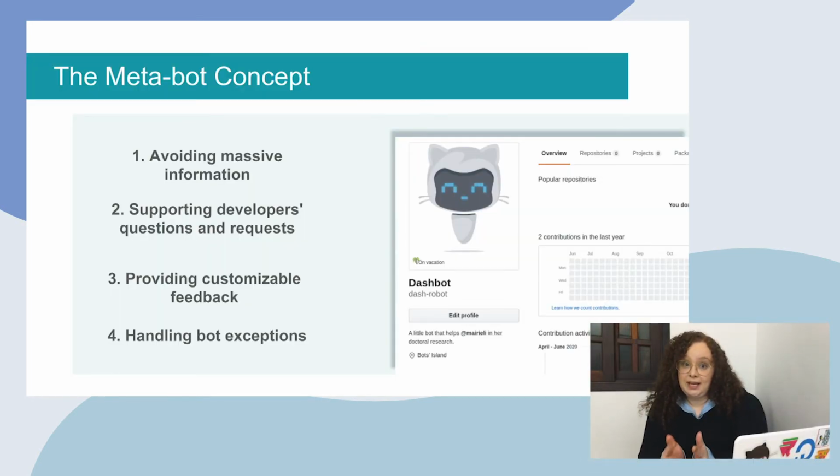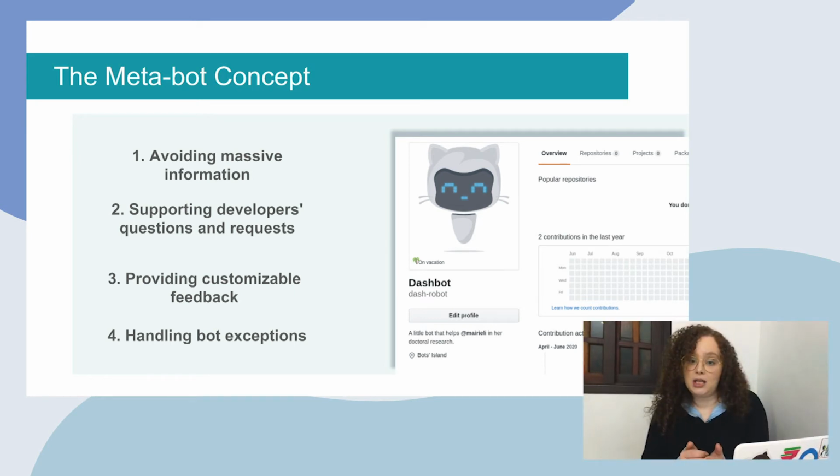In order to mitigate the problems we found in this state of the practice, we envision the concept of a metabot. This metabot will act as a middleman between human developers and the other bots in a GitHub repository. So, the metabot will avoid massive information by mediating the action of bots on pull requests and summarizing the feedback of these bots.